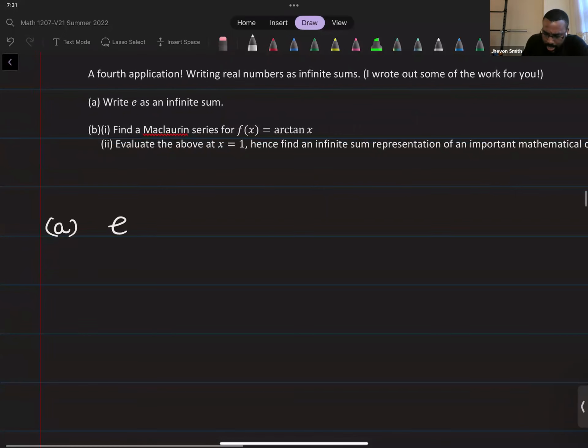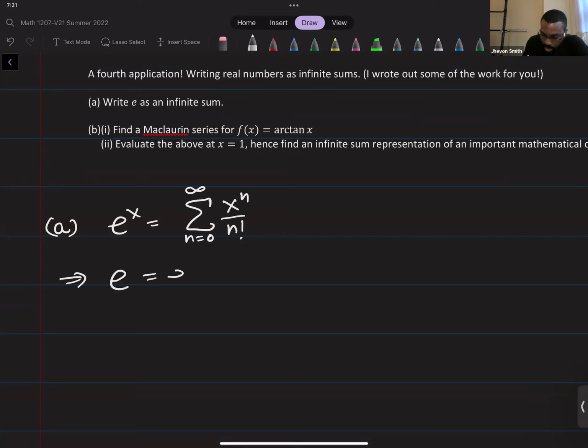So I know that e^x is equal to this. So this must mean that e, which is just e to the 1 power, must be equal to the sum of 1/n!.